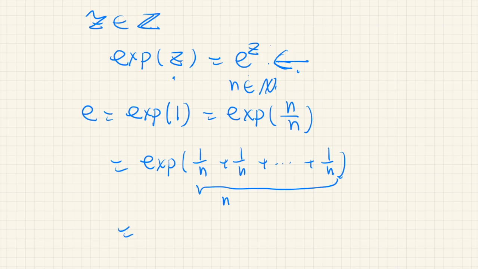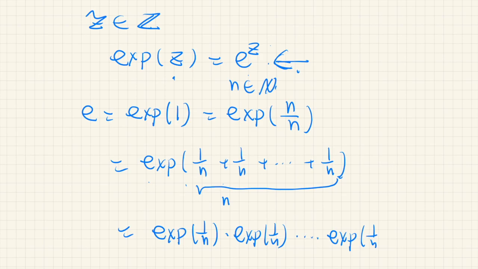And we know that the exponential of a sum is the product of exponentials. So this is exponential of 1 over n times exponential of 1 over n times and so on times exponential of 1 over n, n terms. So the product of n factors.